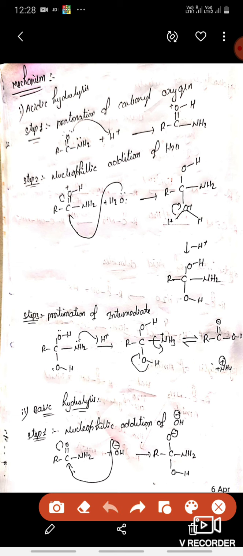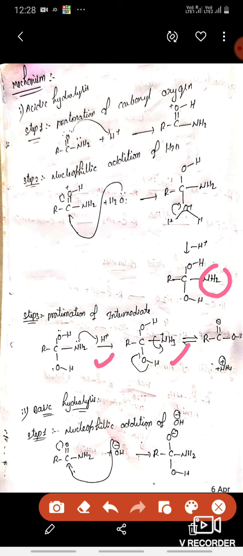So we are going to turn this NH2 group into a good leaving group. This lone pair of electrons is going to be transferred to the H positive, so NH3 positive is going to be generated. Now NH3 positive is a good leaving group as compared to NH2.